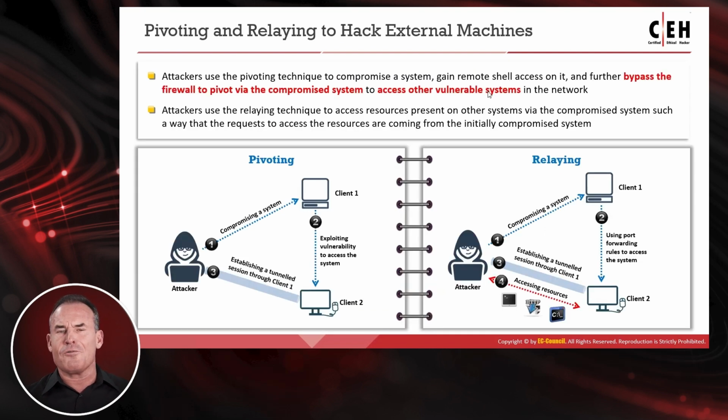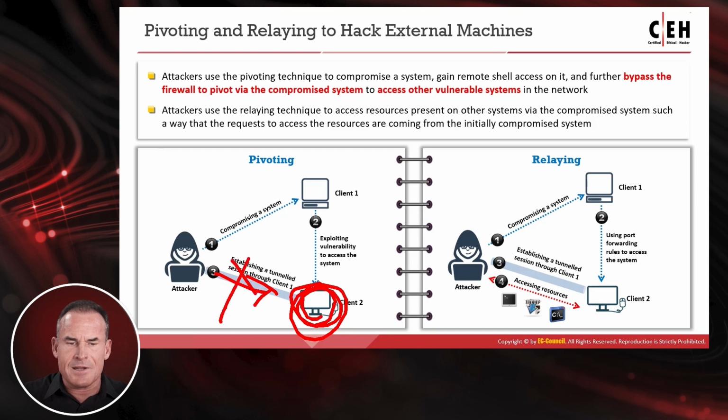And then pivoting and relaying to hack external machines. Okay, pivoting and relaying are both moving through an intermediary, initially compromised host. So in a nutshell, one is routing, one is port forwarding. You can look at it that way. But pivoting is, let's say I can't get to client 2 here directly.